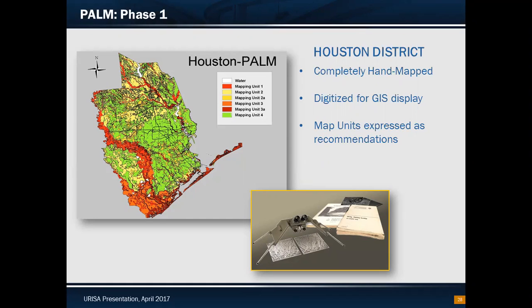The Houston project early on was completely mapped by hand. It was based on aerial stereopair photographs and using paper soil books. And after several years of that mapping, I was able to produce a number of mylars, which were then scanned and spliced together to create the map.